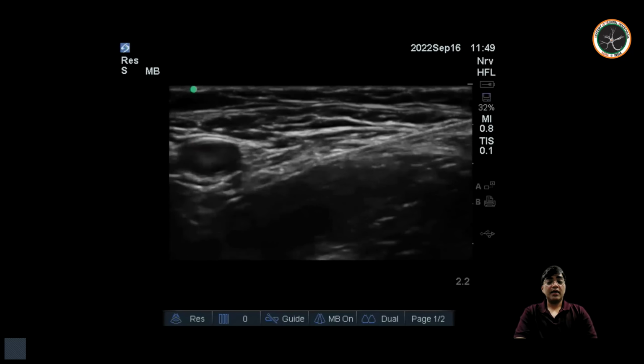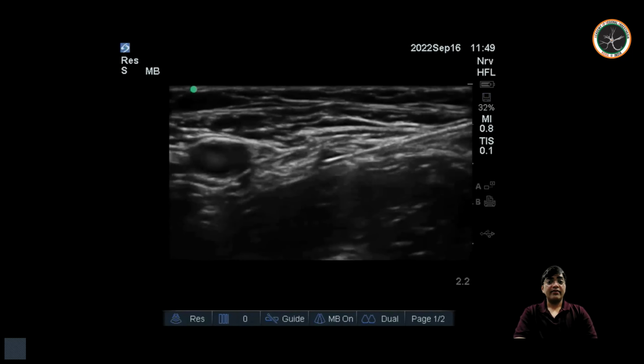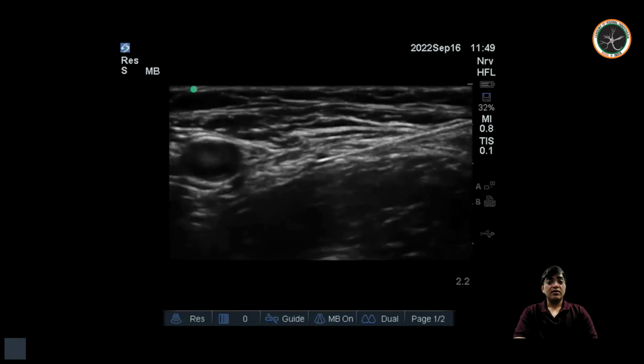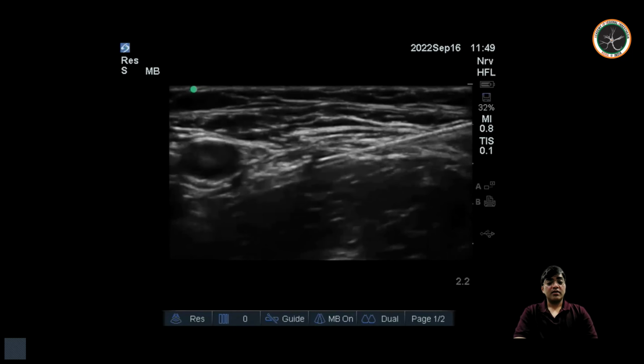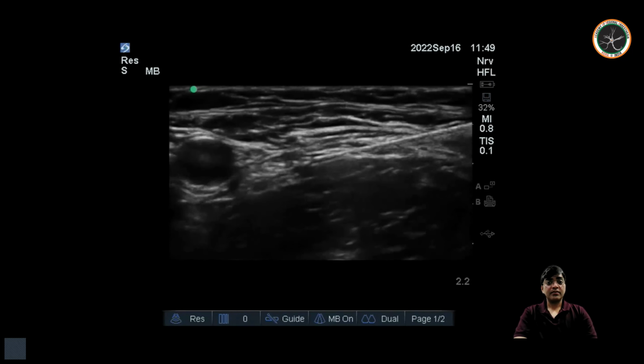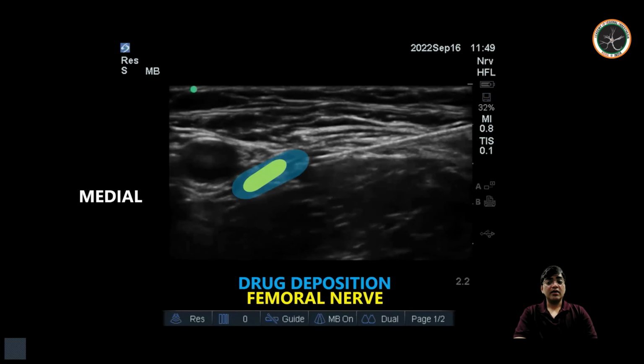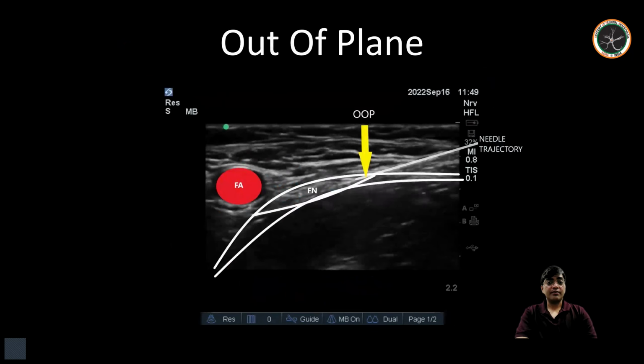Enter the lateral margin or lateral edge of this compartment where the compound femoral nerve lies, and with negative aspirations, in small aliquots of 2 to 3 ml, we inject 15 to 20 ml of drug to wash the femoral nerve in whole. So this is how the small aliquots of injection go, and you can see the femoral nerve nicely washed.